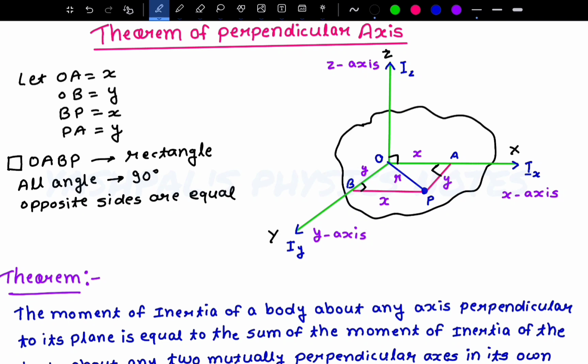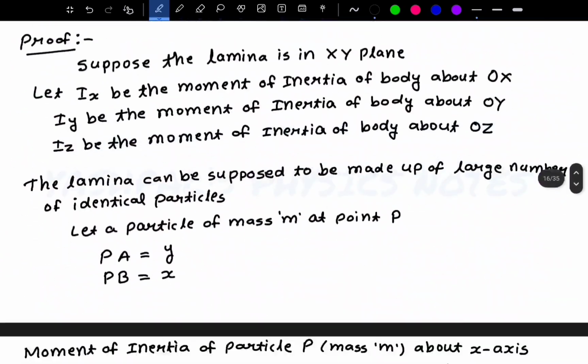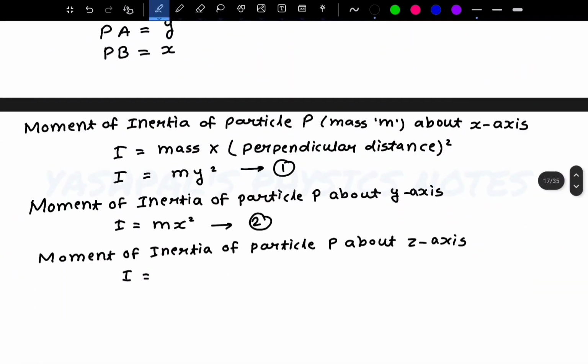So the value of OP is small r. We consider it as small r. So that's why here I am writing m into r square.